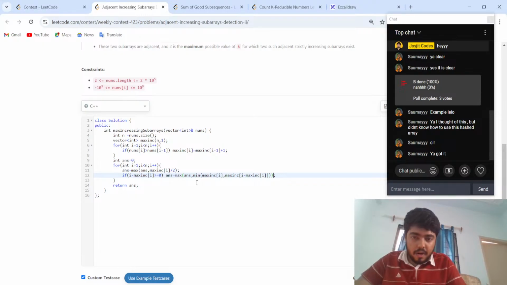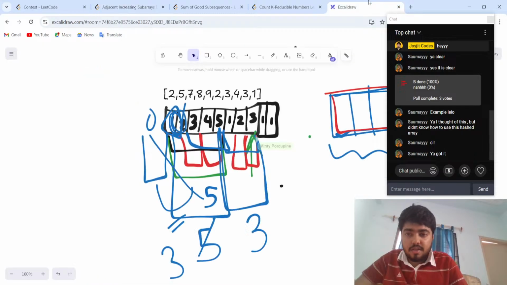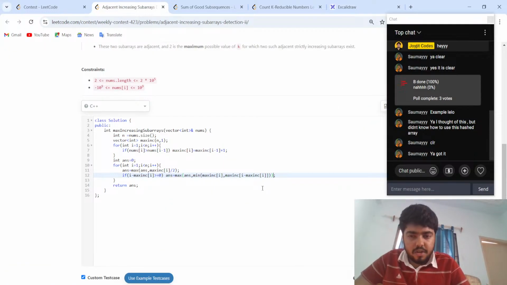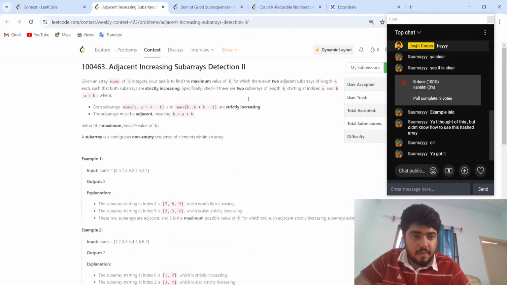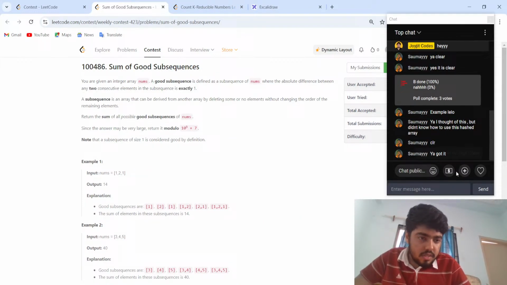Among the two parts, whichever is minimum, we can consider that. And remember, this I minus maximum increasing of I should be greater than or equal to 0. That is the first condition, where there was a 0. But since in real life we don't have a 0 in front of it, it will give us array index out of bounds. That is the reason you have to do it. If you do it, it is accepted, you can see it. So I hope this is clear with you guys. Can I move on to C?